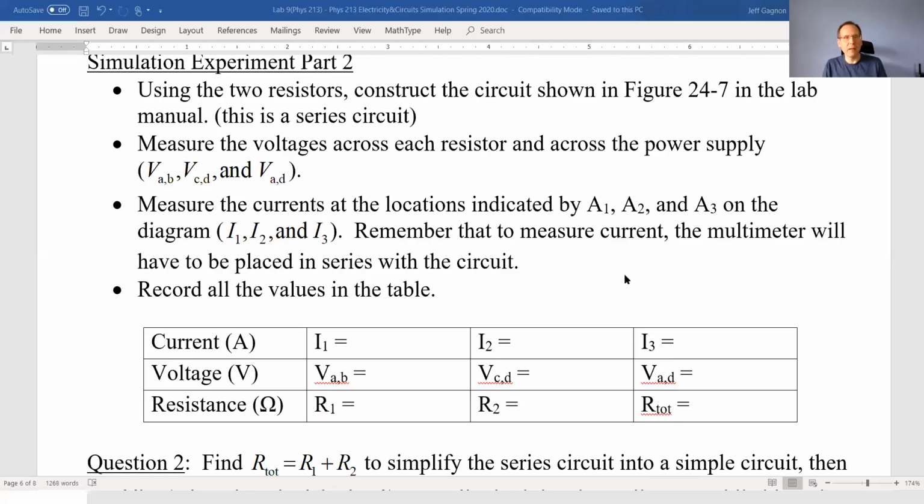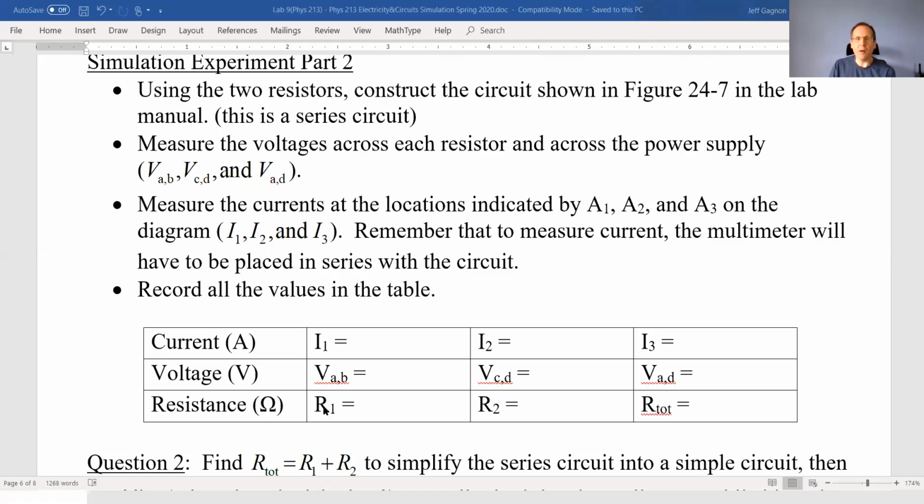Okay, so we're back at the handout. So you're going to construct that series circuit. Again, you're going to measure the voltage across the battery. Right? This is power supply, that they mean battery in this case. The voltage across the first resistor, so that was AB, and then the second resistor, CD.